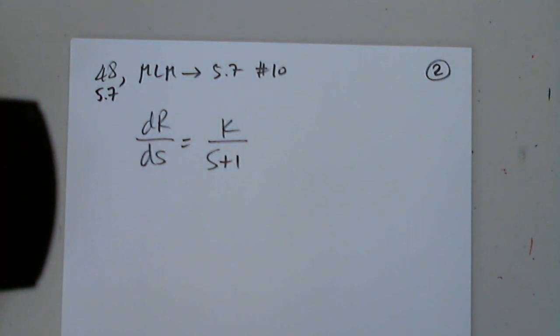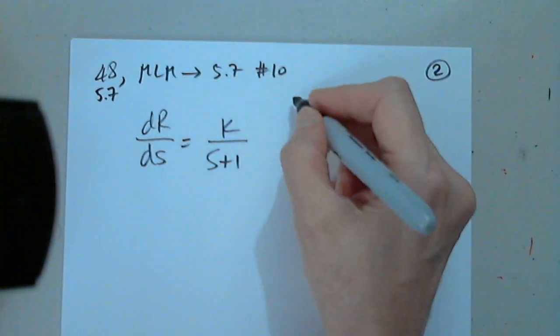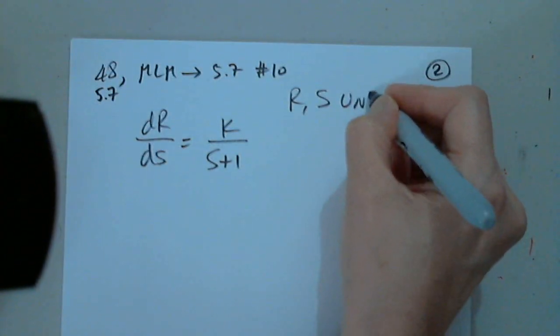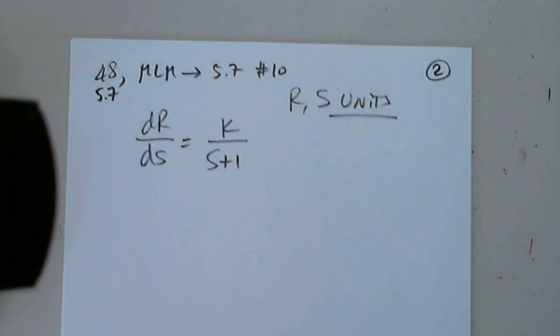R and S are in units. So we are given the differential equation, and we're asked to use separation of variables to solve it. Of course, we are solving for the function, which is R.